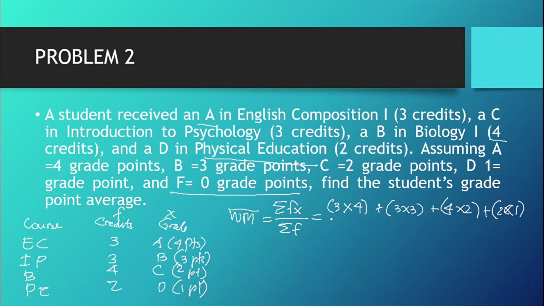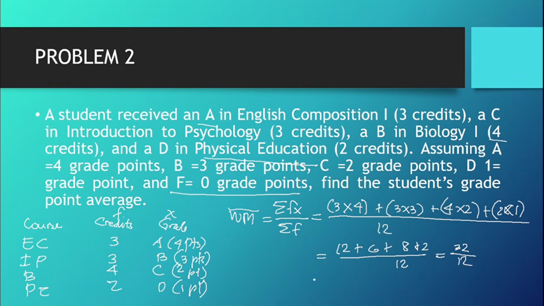This is over 3, 3, 4, and 2, which is 12. So we have 12 plus 6 plus 8 plus 2 over 12, that is equal to 32 over 12.